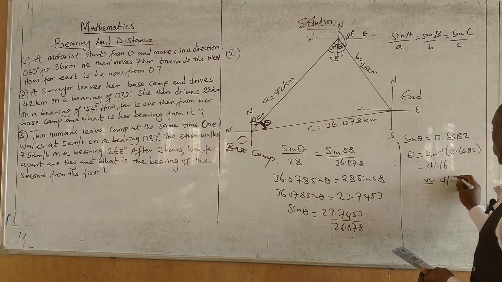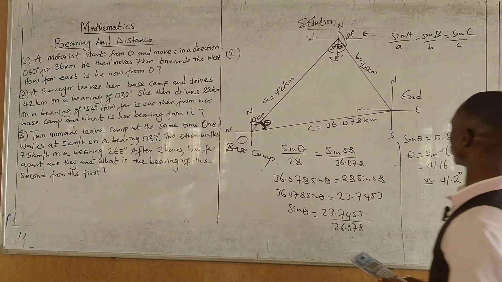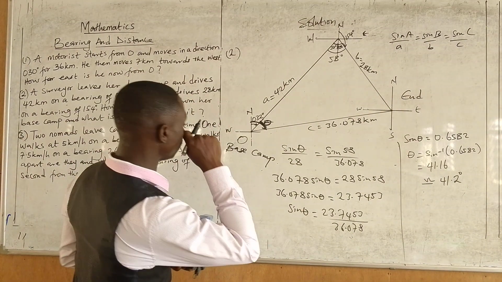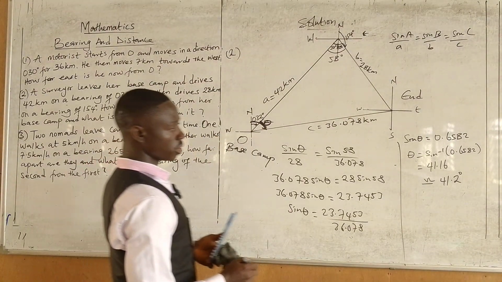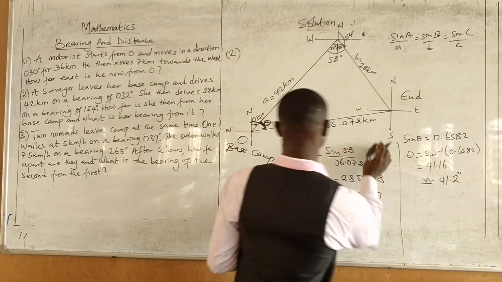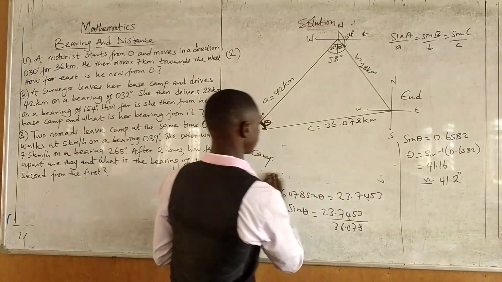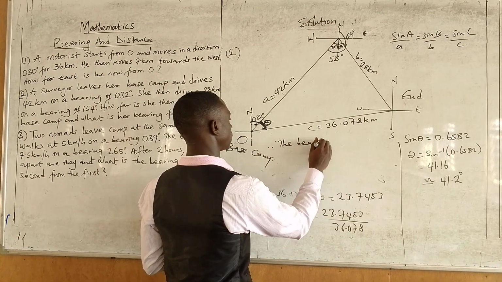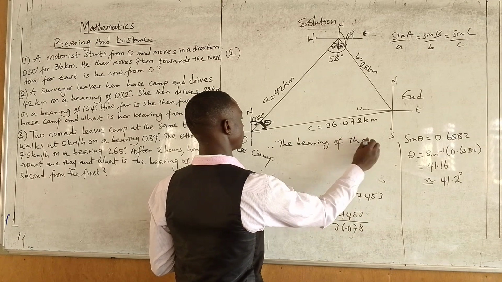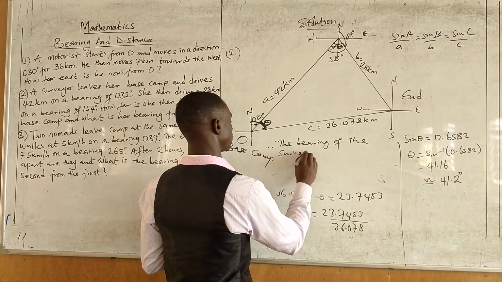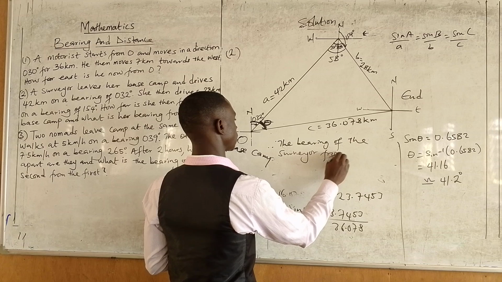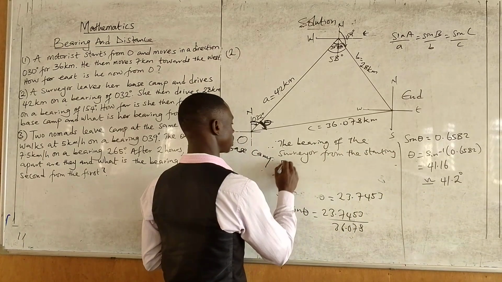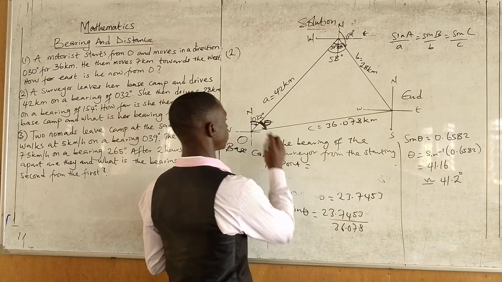41.2 degree. So we are not done. We also find the bearing of the surveyor from the starting point. So what do you think that is going to give us? We say therefore, the bearing of the surveyor from the starting point is equal to here now.